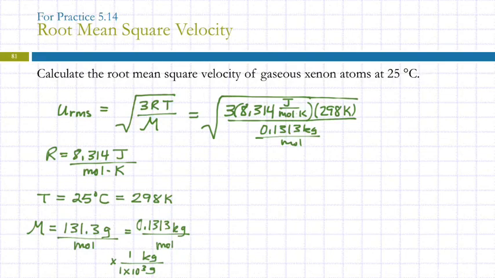That looks like kind of a mess, doesn't it? Let's see what happens with the units here. Kelvins cancel and the moles cancel. So let's do the math on the calculator. So 3 times 8.314 times 298 divided by 0.1313.